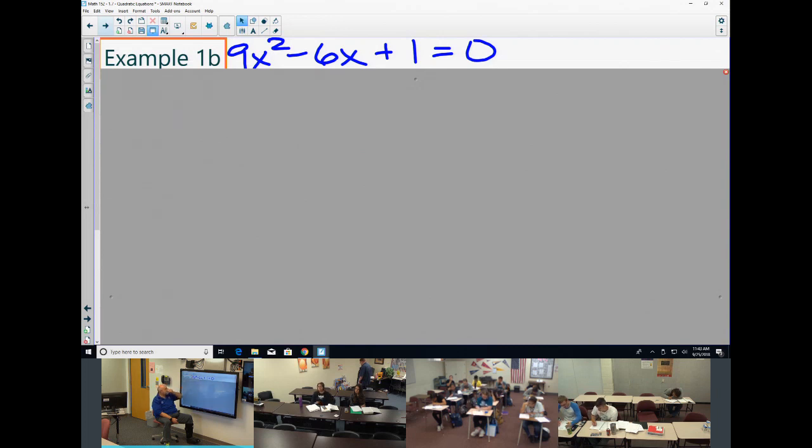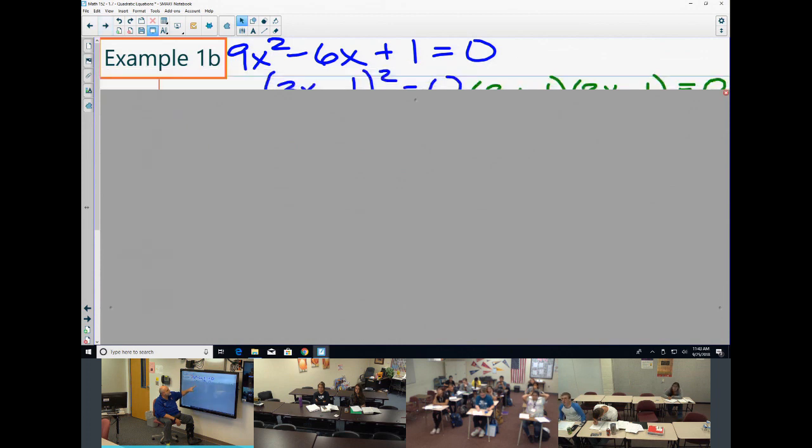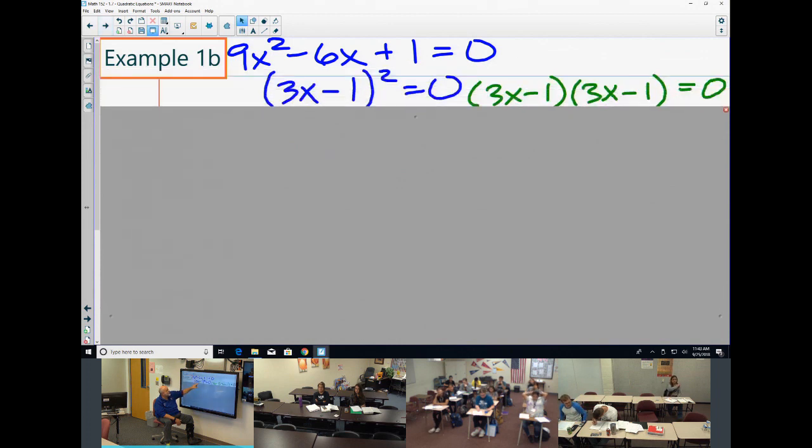All right, now, when we're looking to solve this one, normally you would say, okay, there's no GCF, maybe use the AC method. But remember, if you see this is a perfect square and this is a perfect square, then you can say, maybe this is going to factor to 3x minus 1 squared. All right, and now you're going to have what we call a double root.